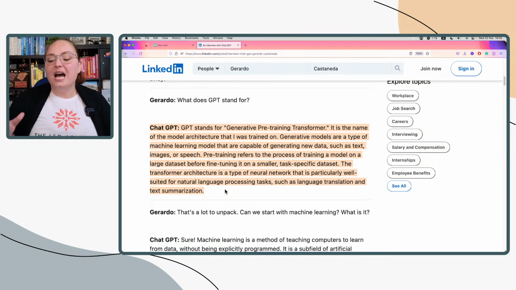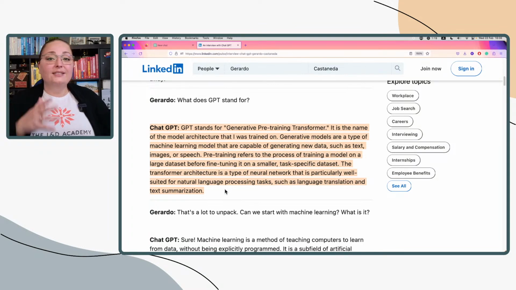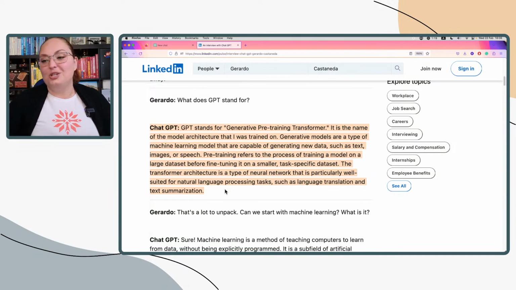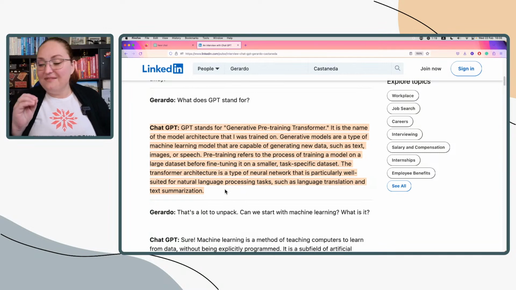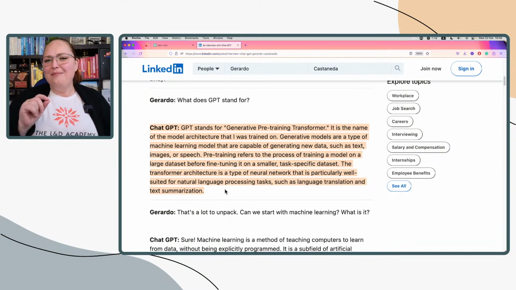Generative models are a type of machine learning model that are capable of generating new data, such as text, images, or speech, which are things we already saw in DALL-E 2 and then now in ChatGPT. And then pre-training refers to the process of training a model on a large data set before fine-tuning it on a smaller task-specific data set, which I believe I've done in my tests with ChatGPT recently, but I'll show you what I mean a little later on today.